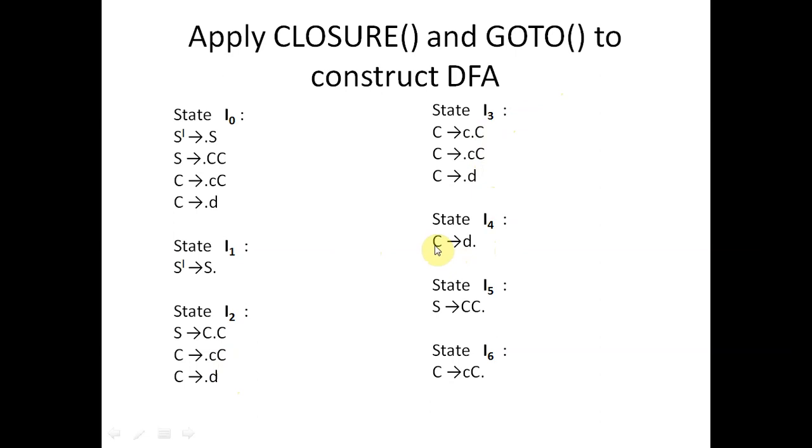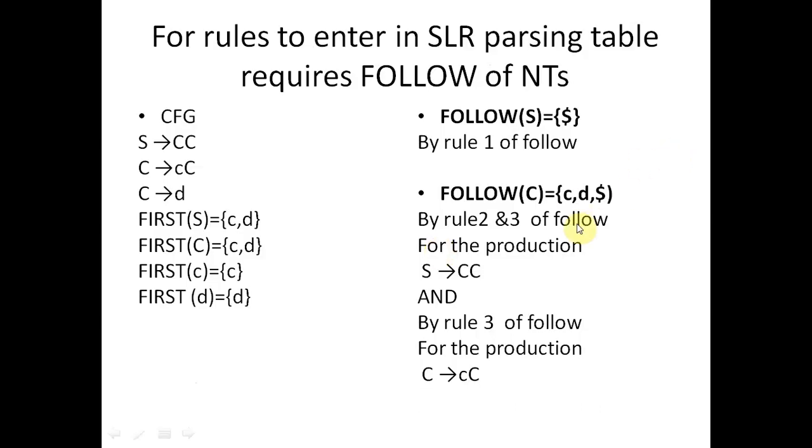As per the rule, capital A produces alpha dot, so I4 has C produces D dot. Now this C is a non-terminal. What is the follow of this, we have to see.